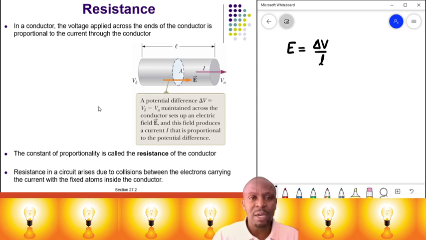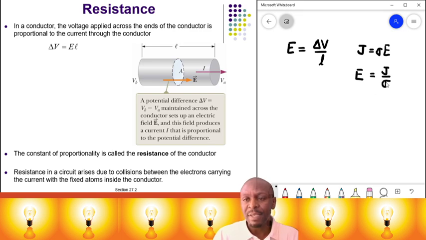But now we know what the electric field is, because from Ohm's law, the magnitude of the current density is just given by that. Therefore, this implies that the electric field is just the current density divided by sigma.